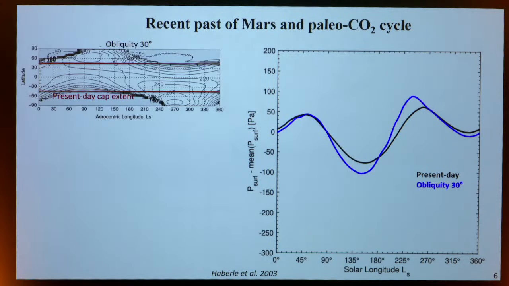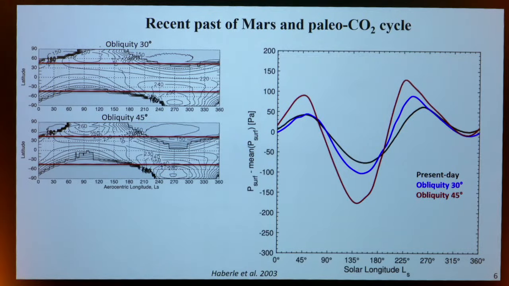When you go to an obliquity of 30 degrees, the margin of the present-day seasonal ice cap, which is represented here by the red curve, and the margin of the seasonal caps at obliquity 40, so this gray area in both hemispheres, are quite consistent with each other. It's almost the same as today, and as you can see on the CO2 cycle, it's almost the same.